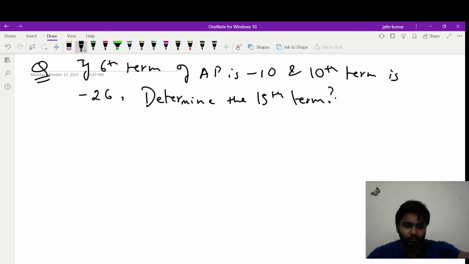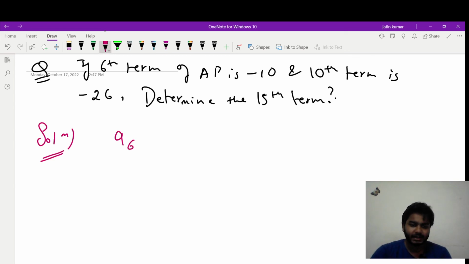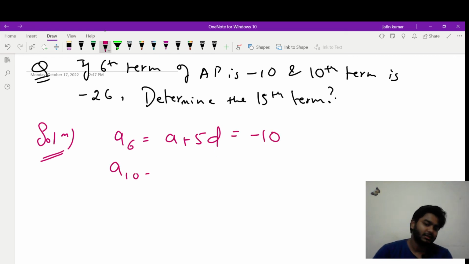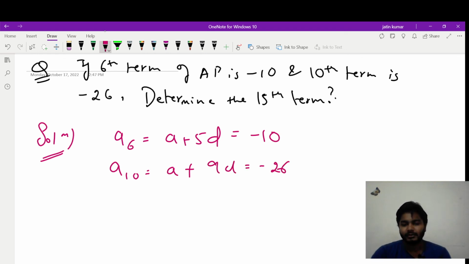Now you need to know the 15th term. Solution. You are given the sixth term. Can I write the sixth term as a plus 5d? Yes, and that is minus 10. And can I write the 10th term as a plus 9d? a plus 9d is minus 26. You need to find the 15th term. That means you need to find a plus 14d.